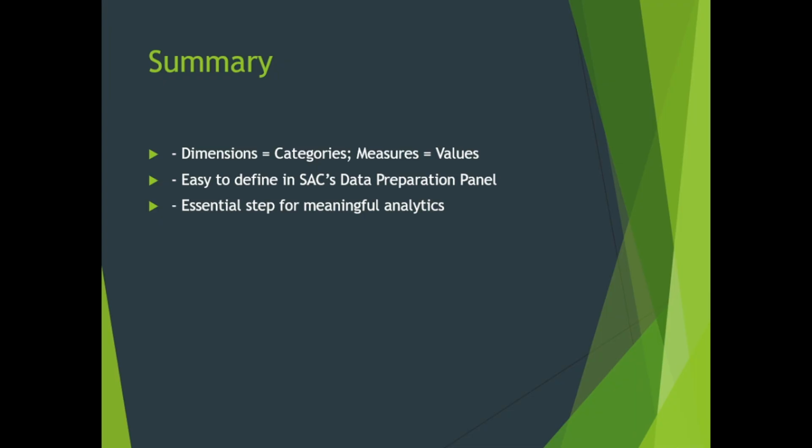Lastly, if we summarize our lecture, we have cleared what the dimensions are, the categories, types, products and so on, and measures are other values like profit, sales quantity, profit margin, profit percentage, and so on. We can easily define these in the SAC data preparation panel.